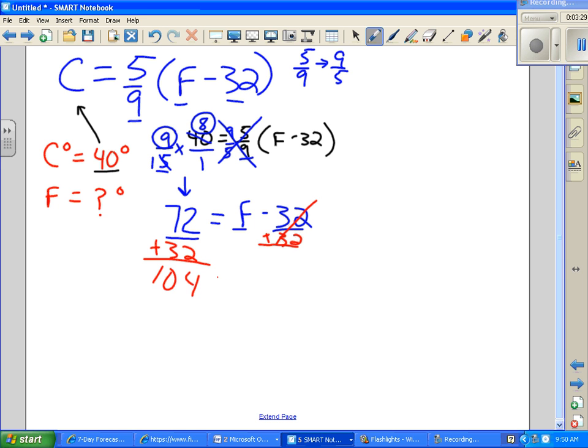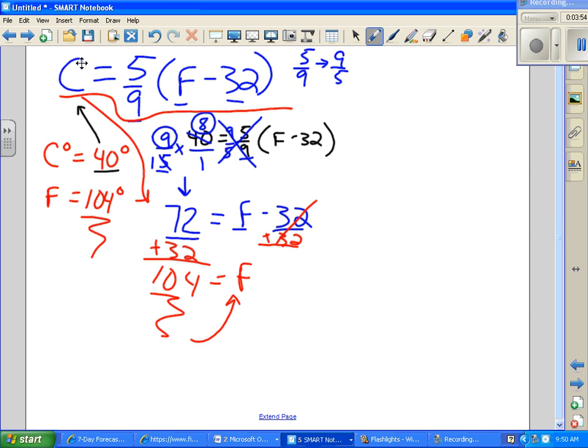That's a 10. 104 equals Fahrenheit when Celsius was 40. So our answer here, I can get rid of that question mark now and write in our answer of 104. Done. Celsius equals 40, Fahrenheit equals 104 using that formula.